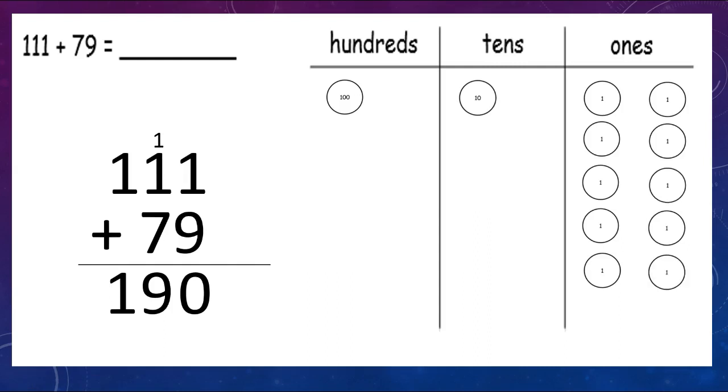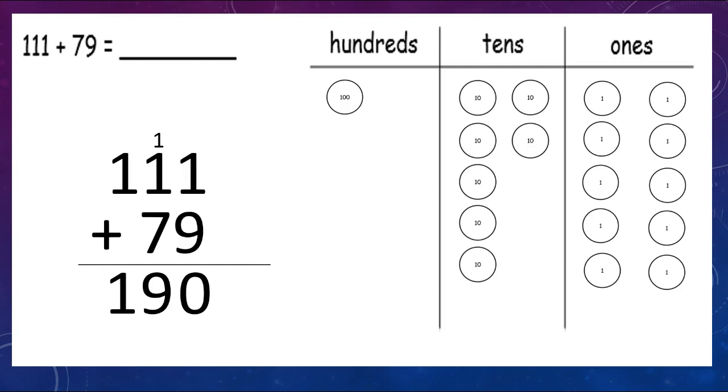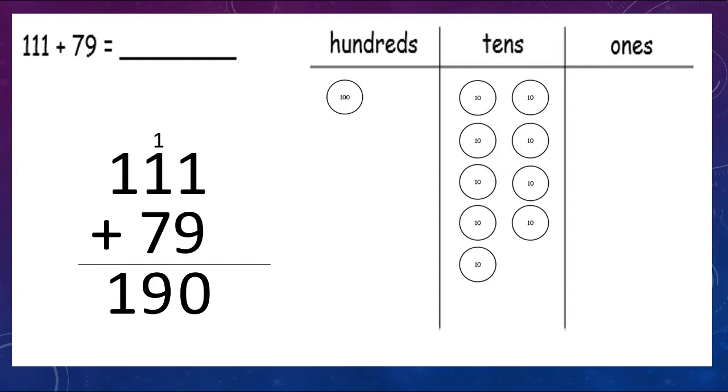How many more tens do we need to add? 7. Let's add them. Count as I add. Do we have a group of 10 ones here to move over to the tens? Yes, we do. So let's do that. Our answer here is 190.